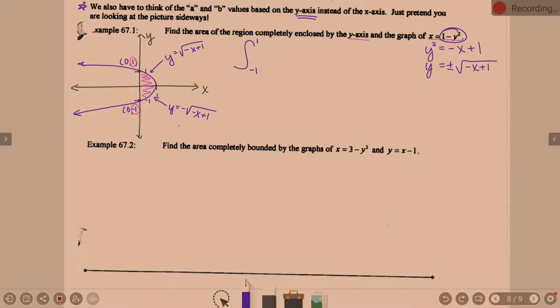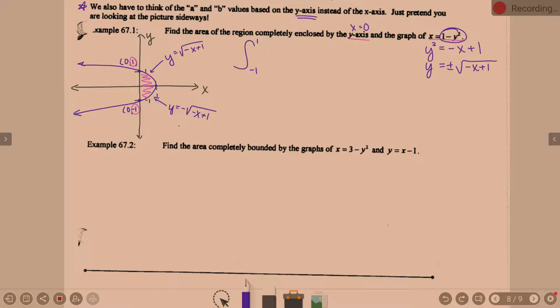And what's the equation of the y-axis? X equals 0. So when we do this, we're doing the 1 minus y squared minus 0. Kind of like if you go back a bit, when I first taught you area under the curve, the bottom was always the x-axis, right? So I didn't even teach the subtraction thing. It was just you integrate the curve. Kind of the same thing here.